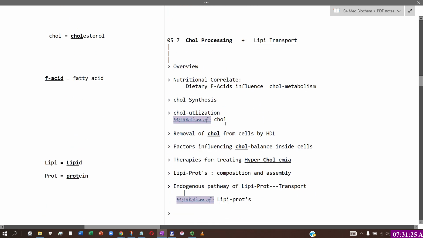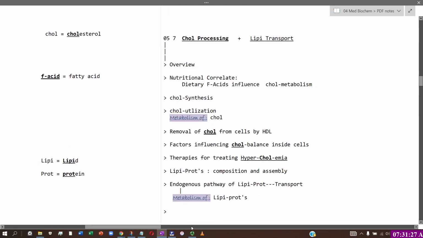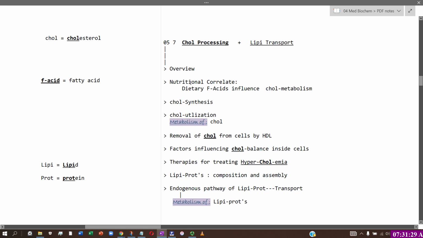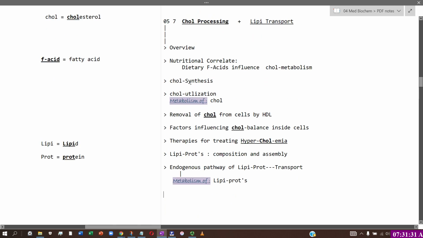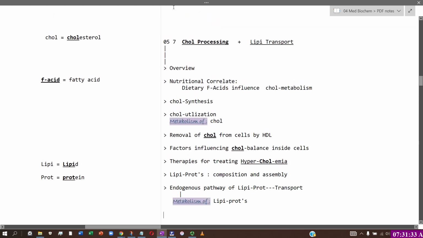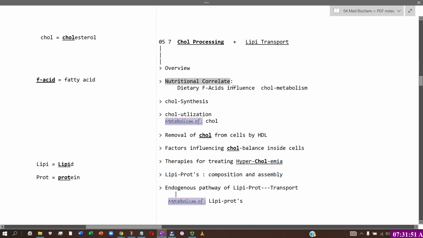Moving on to topic number 7, or PDF number 7. Seems to be a lot of stuff there, a lot of subtopics. It's called cholesterol processing and lipid transport. So we are giving an overview, and then we talk about a nutritional correlate. Dietary fatty acids influence cholesterol metabolism.